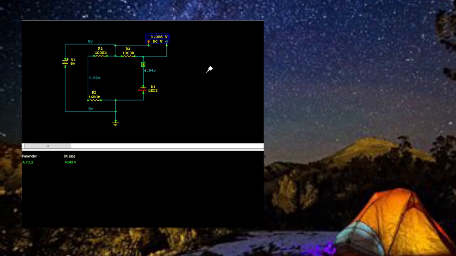I'm just verifying my numbers, that's all I'm doing. It's close to that 5 volt range, right? But it's not like it's very strong. Like maybe I want a little more current going through there.